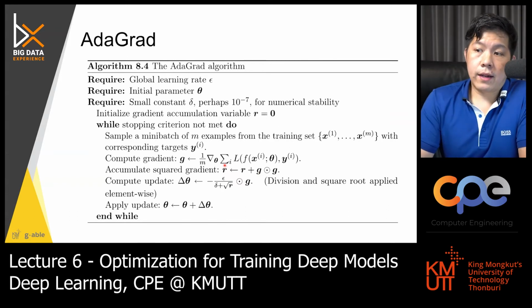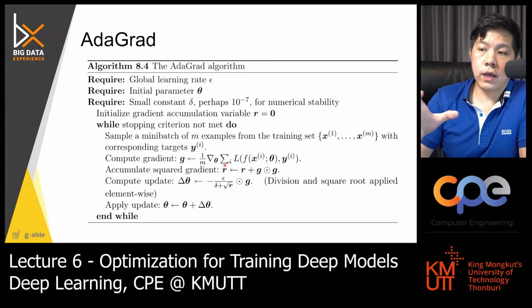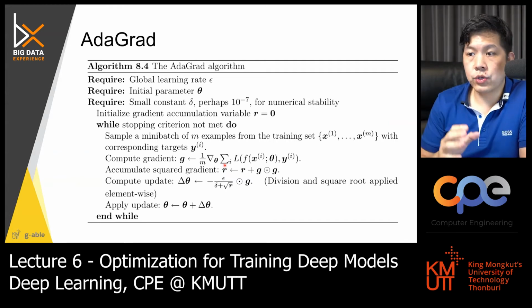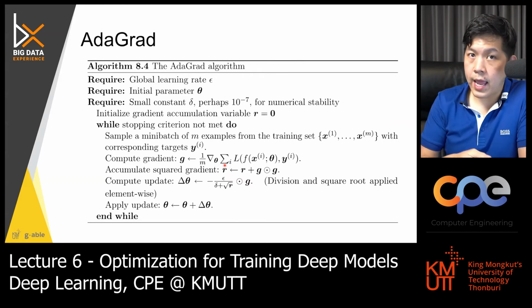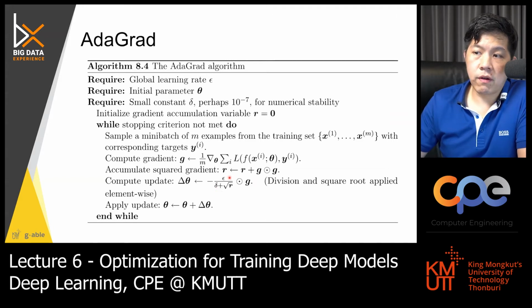Then from that we can use the gradient to compute the actual adjustment that it should take, and this depends on the gradient multiplied with this. This is the new learning rate. It comes from epsilon divided by the square root of r.